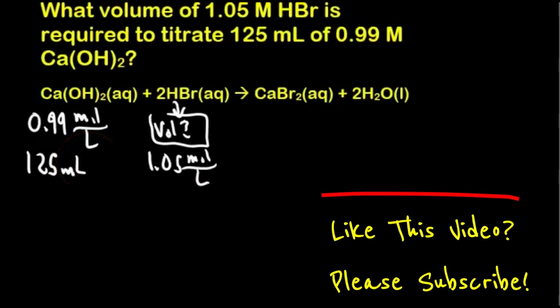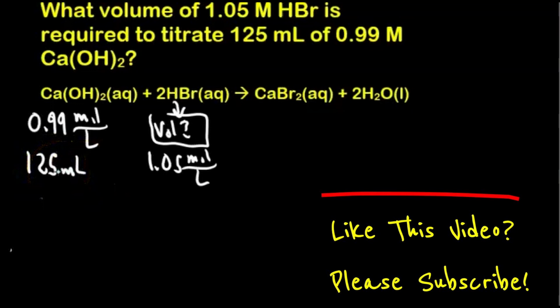That's generally a good place to start if you're not sure how to start. You could start with this number, 0.99, if that makes sense to you. But I generally like to start with whichever number doesn't have another unit. If you have a number that has 2 units, this is a good conversion factor. It's a good thing to convert units with. This one you can't convert units. It's just a straight up unit. So this is a good place to start.